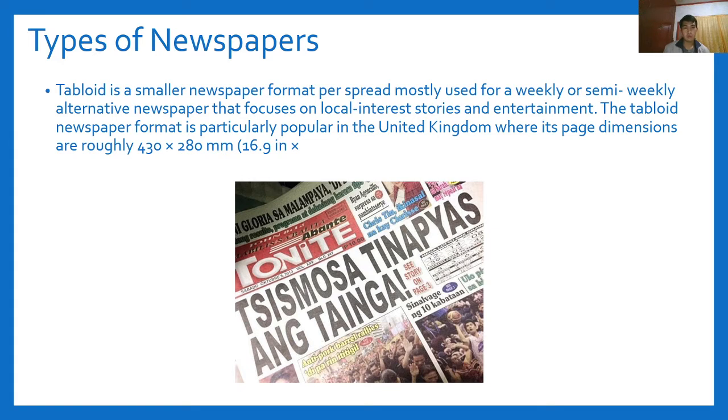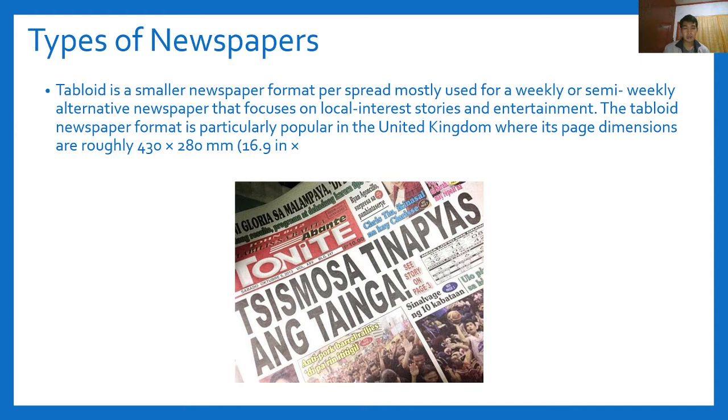Normally, it's very popular in the United Kingdom, and I think it's very popular in the Philippines as well. We have different tabloids you can see in our sari-sari stores and convenience stores. The main hint about this kind of newspaper is that you're going to see some eye-catching phrases and titles in their headlines.